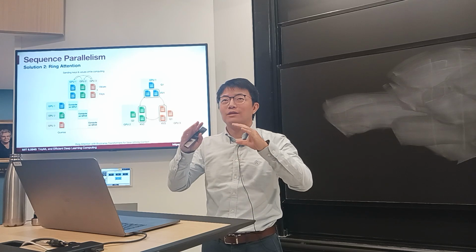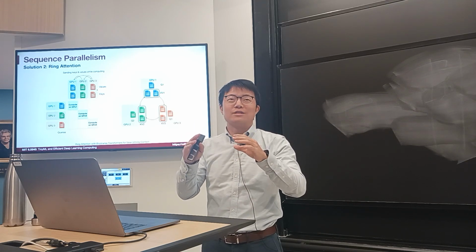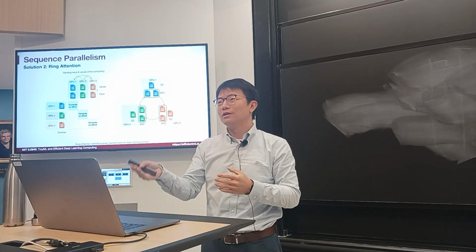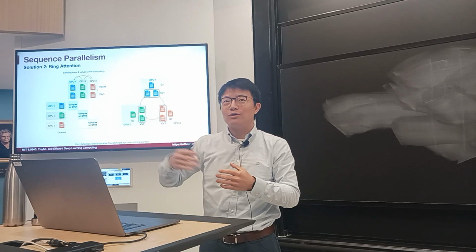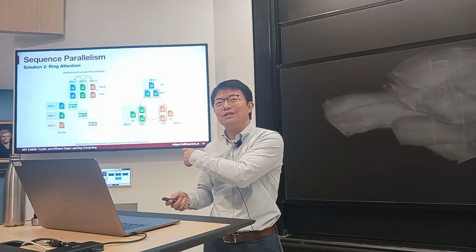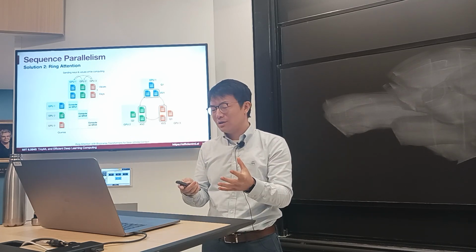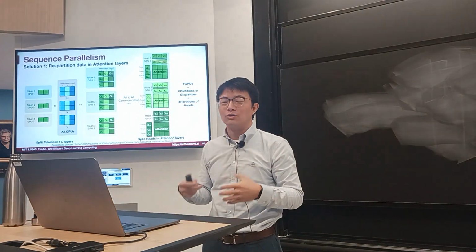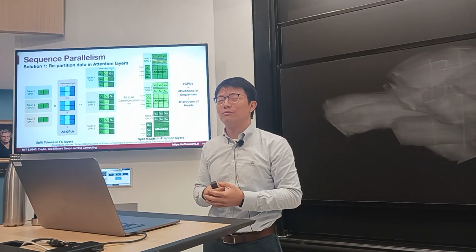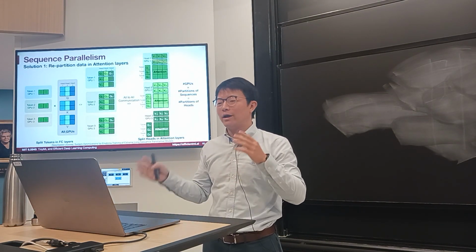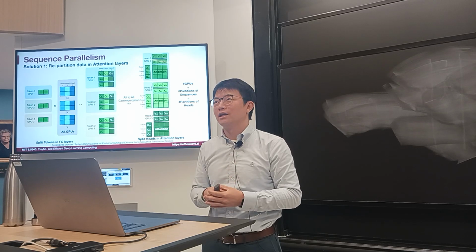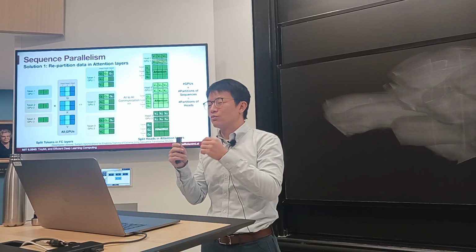Since within a node, 8 GPUs have higher communication bandwidth compared with between the nodes, between the nodes we can use ring attention, and within the node we can use this Ulysses method. So in that way, we can effectively perform 2D parallelism by combining these two methods to utilize the heterogeneity between the nodes versus within the node.